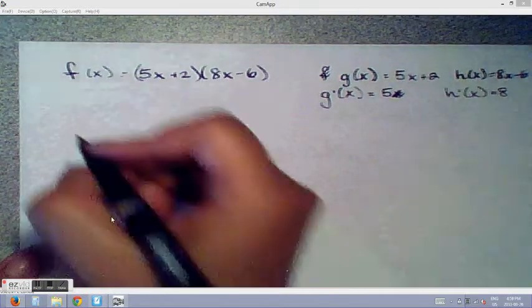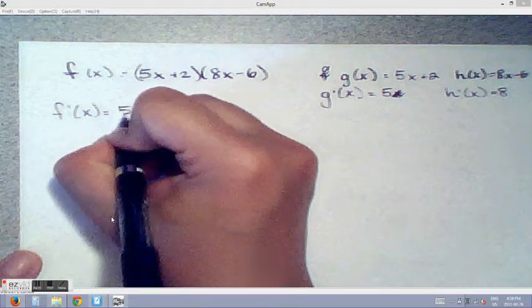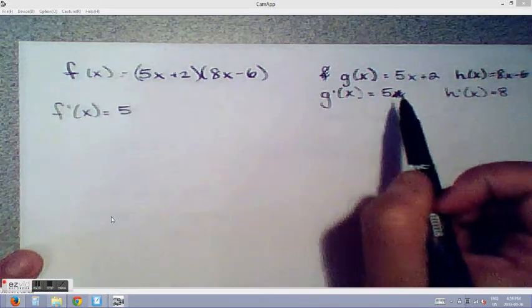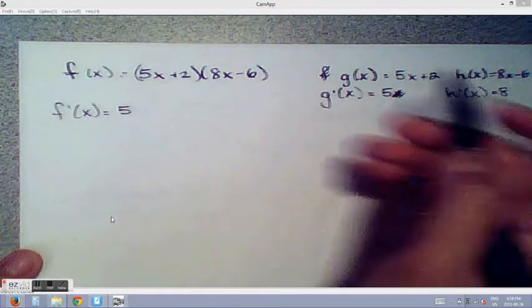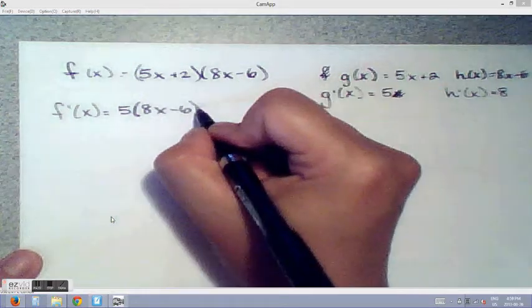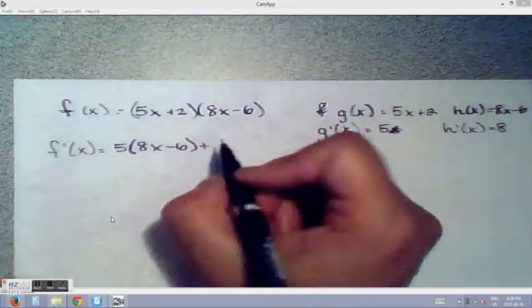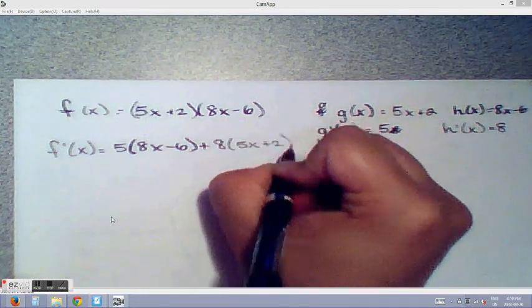So putting it all together in order to find f prime at x, it's the derivative of the first, and when you're using the product rule, the order doesn't matter because it's the sum of the two. However, if you want to keep track right now, that's fine, but it really doesn't matter the order, because it is an addition. 5 times (8x minus 6), and again it's plus 8 times (5x plus 2).